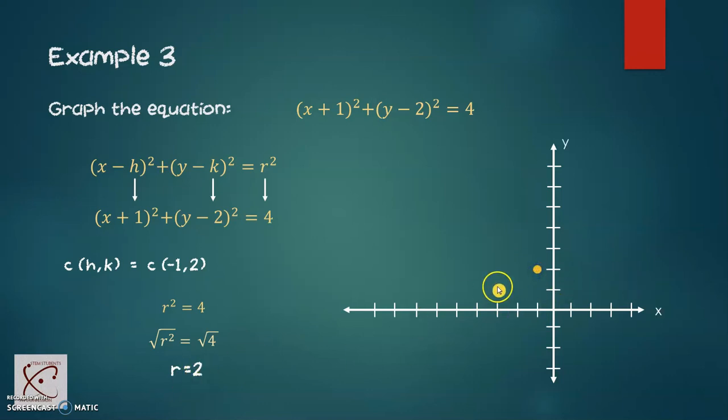And then, we count 2 units from the center to the right. So, 1, 2. And then, on the left, 1, 2. On top, 1, 2. And then, at the bottom, 1, 2. So, we connect the 4 points and then draw the circle.